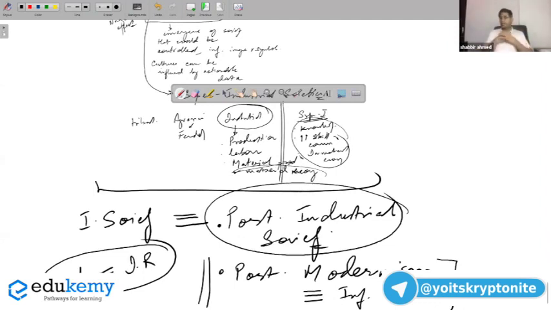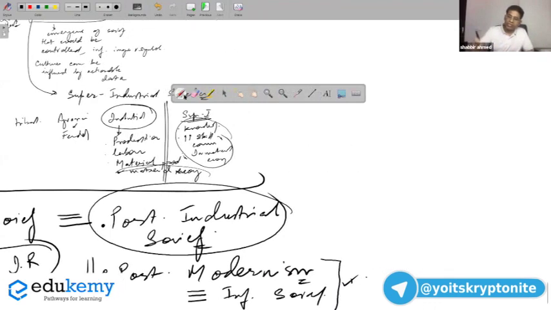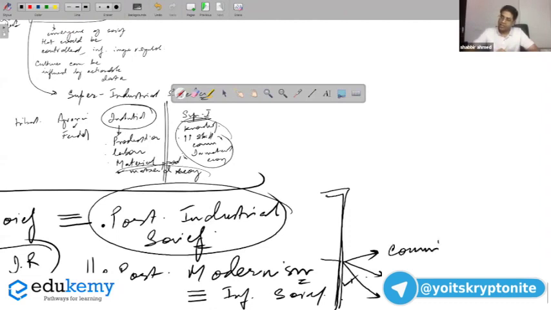Our communication, our priorities, our socialization. So what has happened in the post-industrial society is that this society has differences in three elements. Our communication has changed.